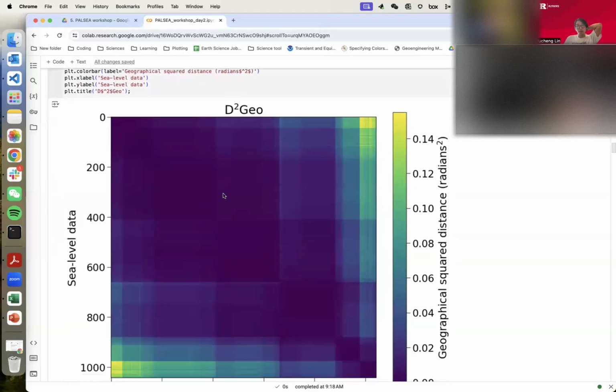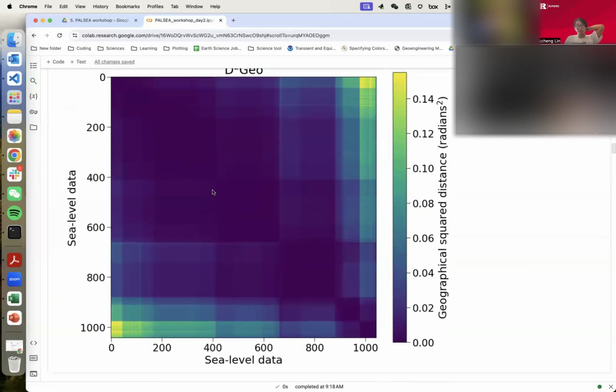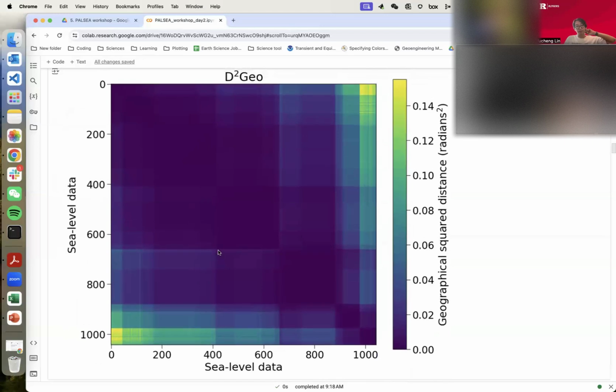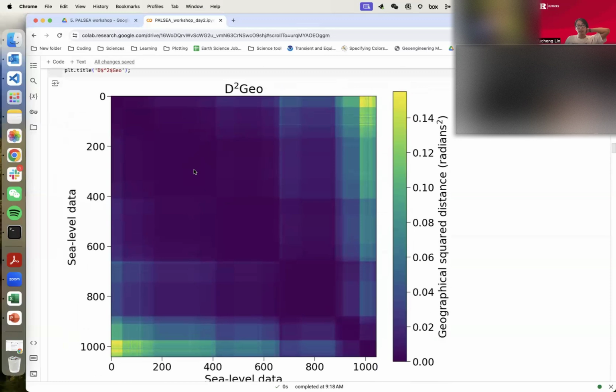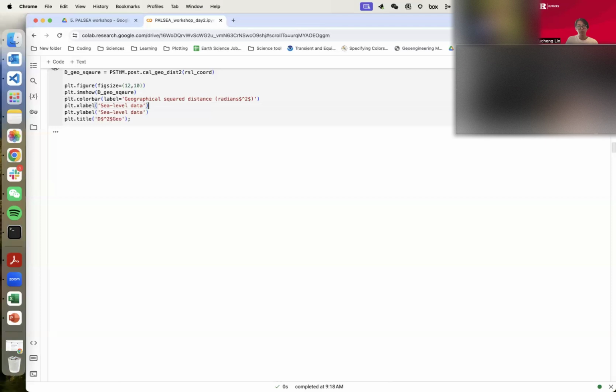Here you can see the square distance function in terms of radians squared. You can see a little blob, a little square here, because some of the data is collected from the same sites, so their distance is basically 0, and different sites have different square distances.